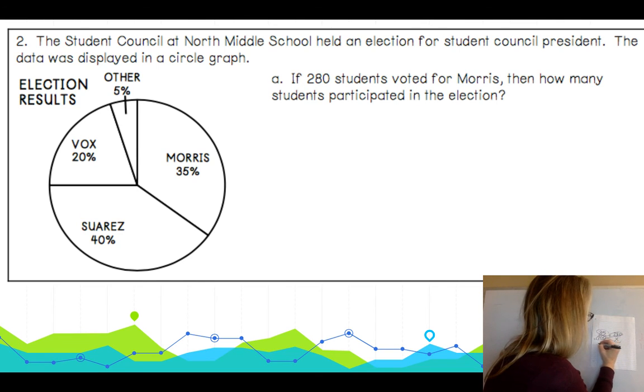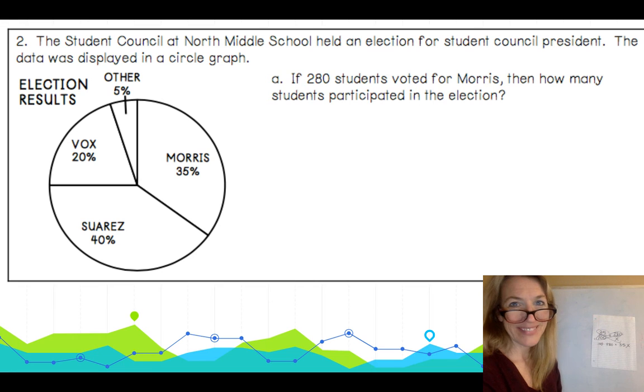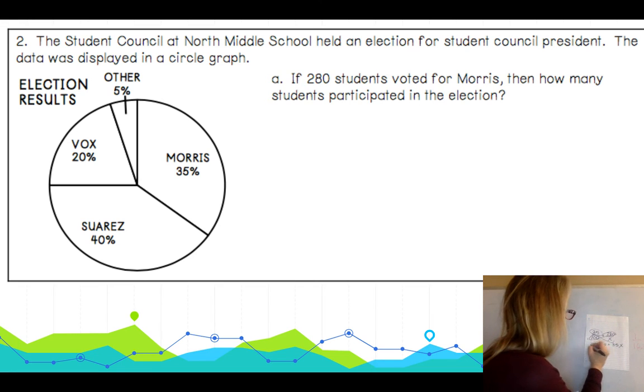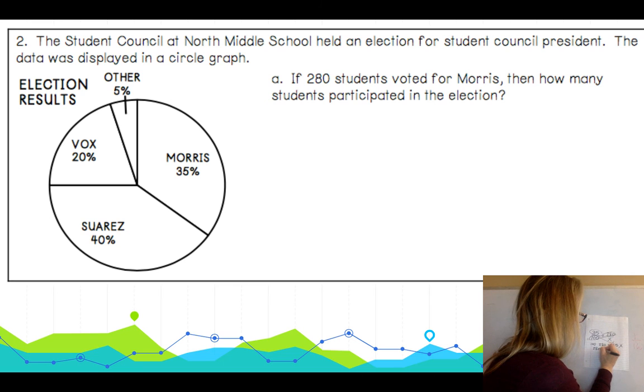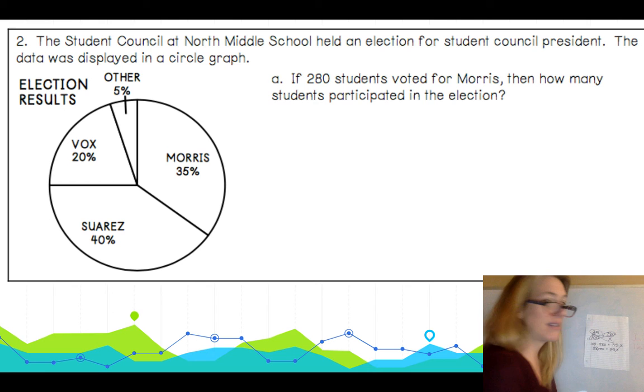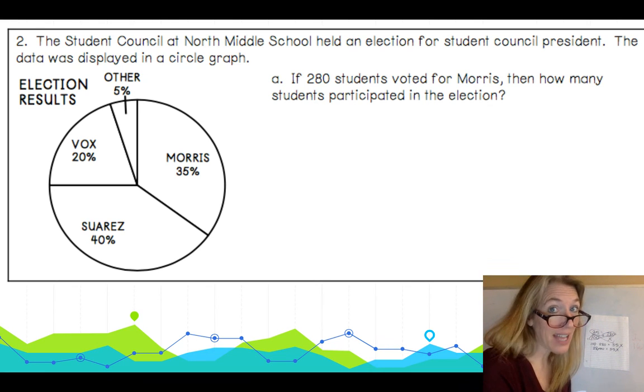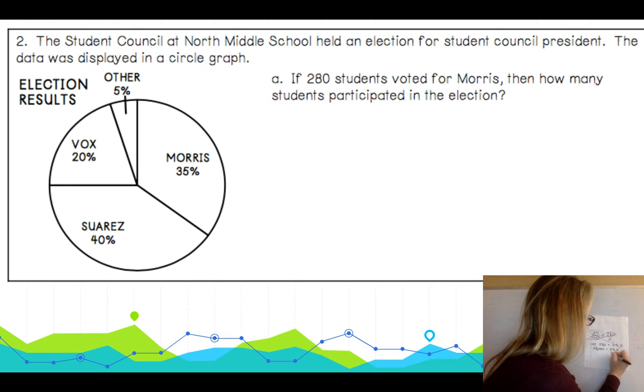which means I'm going to have 100 times 280 equals 35x. Now I'm going to simplify, so that's 28,000 equals 35x. Now all I have to do is solve for x. I've got something multiplying my variables, so I'm going to undo that by dividing.